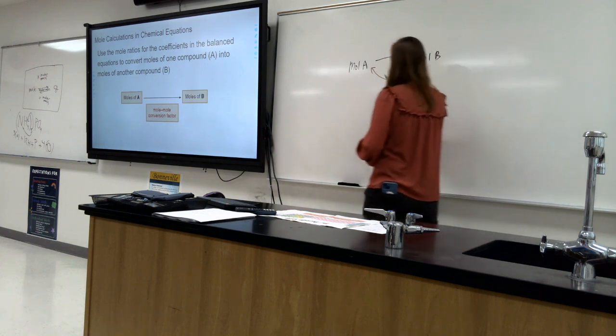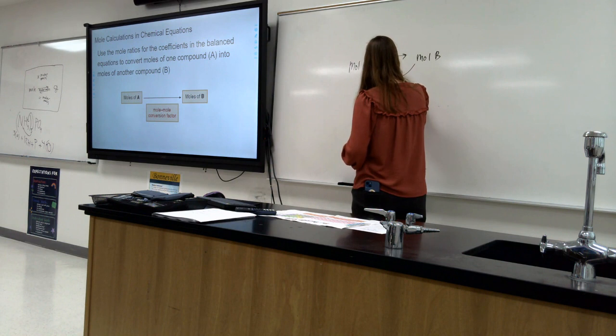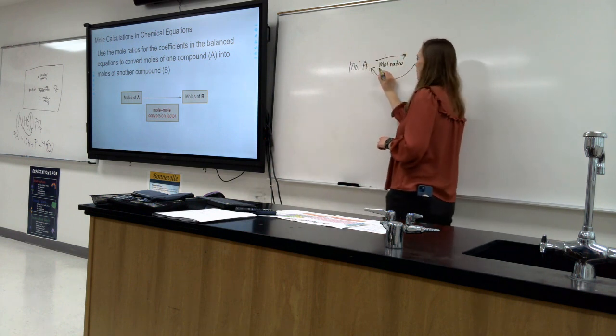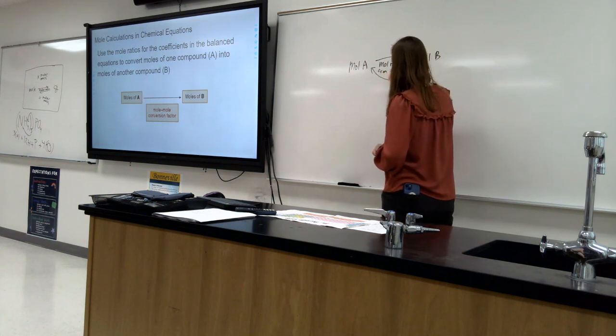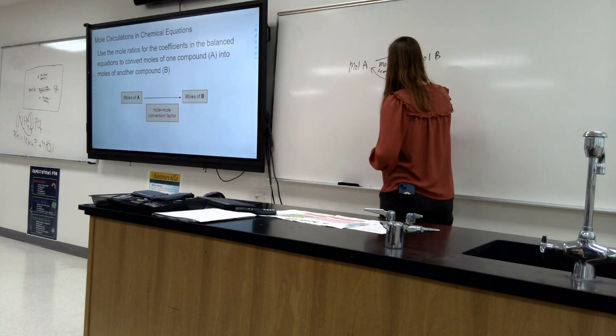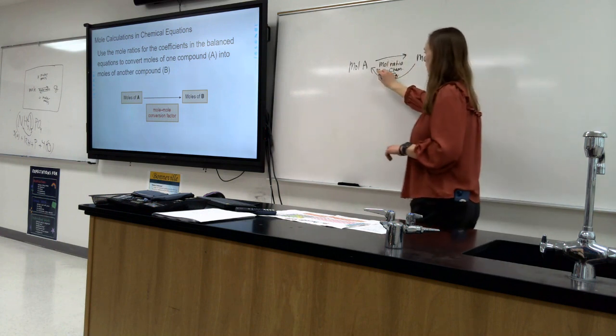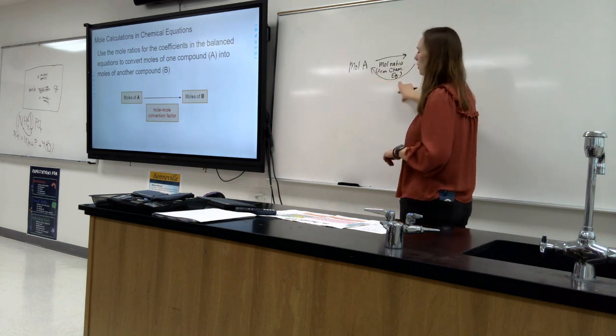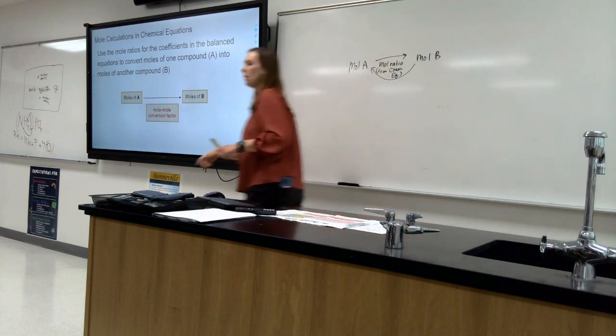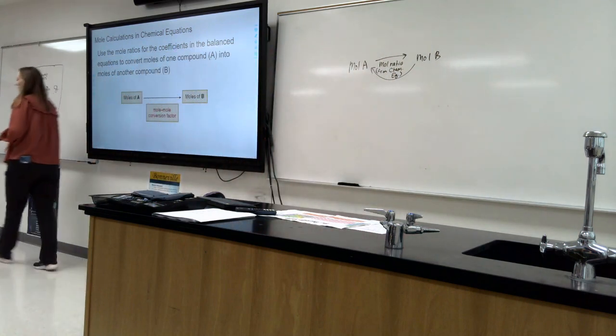So what we're going to use is the mole ratio. And remember, this is from the balanced chemical equation. When I'm looking for the mole ratio to go from moles of A to moles of B, I'm looking at the chemical equation. And remember, the chemical equation needs to be balanced.